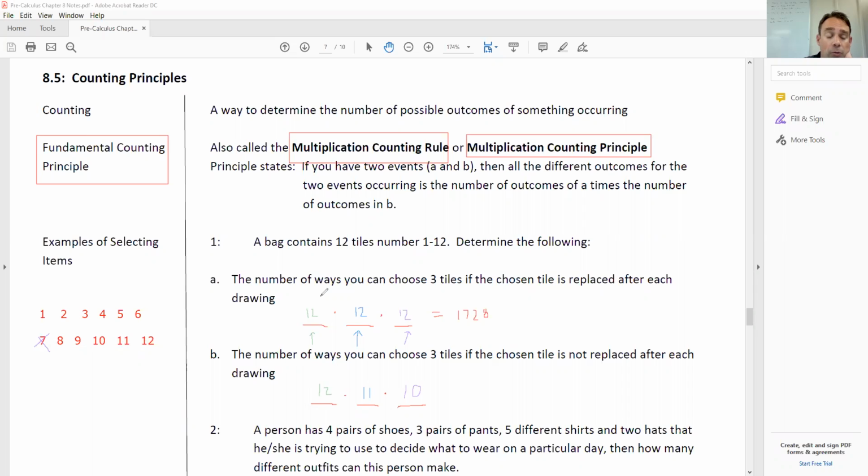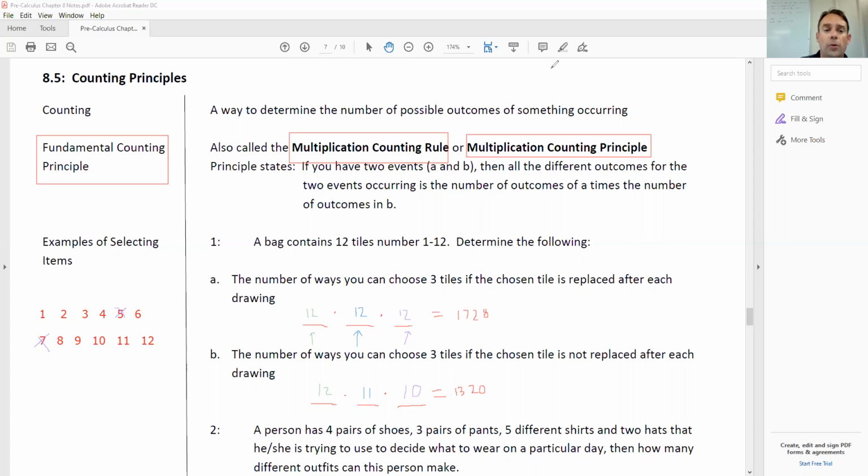Now the second drawing, we have 11 tiles to choose from. Don't put it back. In the last drawing, we have 10 tiles to choose from. That's what's going on here, okay? So when we plug that in, we end up that there are 1,320 different ways to combine those 12 tiles in groups of 3.